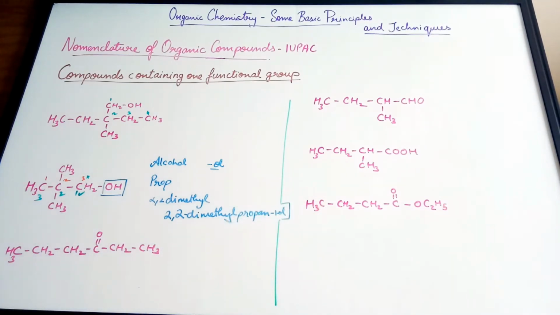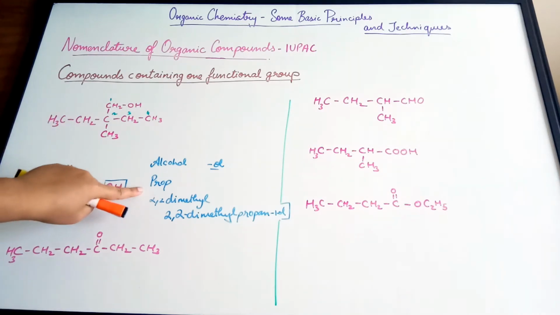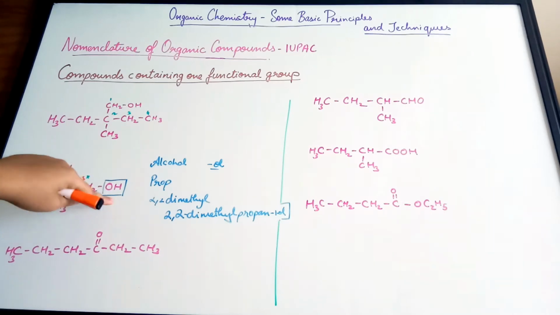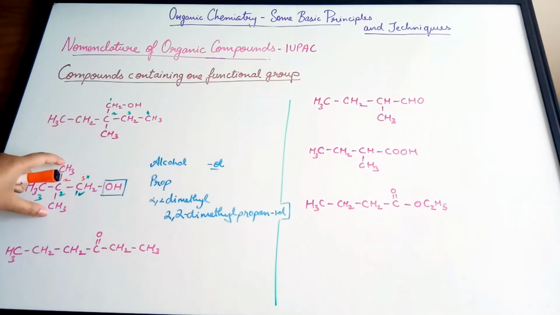Generally if it's in the first position, we need not mention the one, but it's better that we do mention it for us to easily denote the position of the alcoholic group. So here we first numbered it, decided on the word root, figured out what our suffix is, and then we also figured out what our prefix is because we have two methyl groups over here.